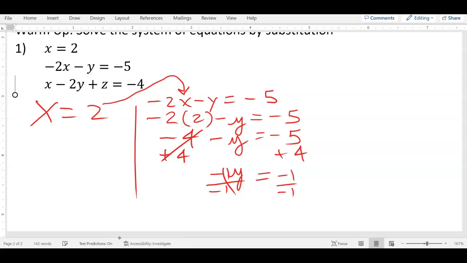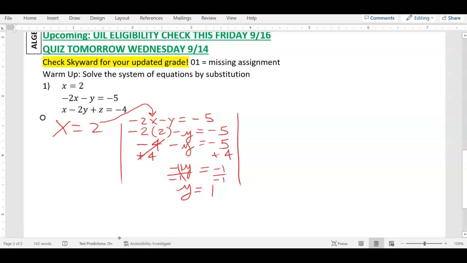What's negative 1 divided by negative 1? 1. Straight up positive 1. So I had my one variable. It was already solved. You may have to solve it, but you get that 1, plug it into the 2, get your second one, and now we're going to do the third one with 3 variables.